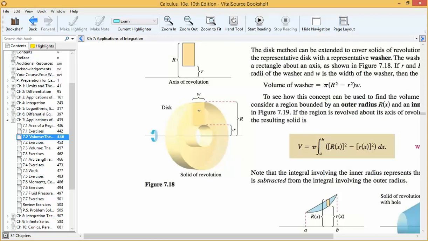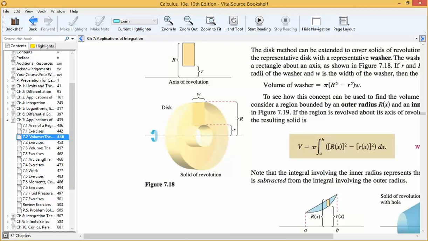You see here, if you take this rectangle and you revolve it about this line, and this is kind of turned on its side, since there's a space here between the line that you're revolving and the bottom of the rectangle, there's a space that's formed here. You're missing a piece. And so instead of forming a disc, you form a washer.